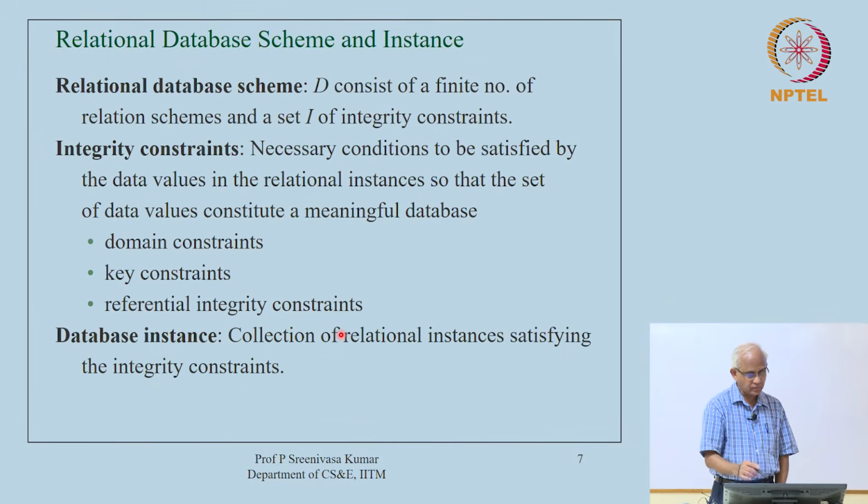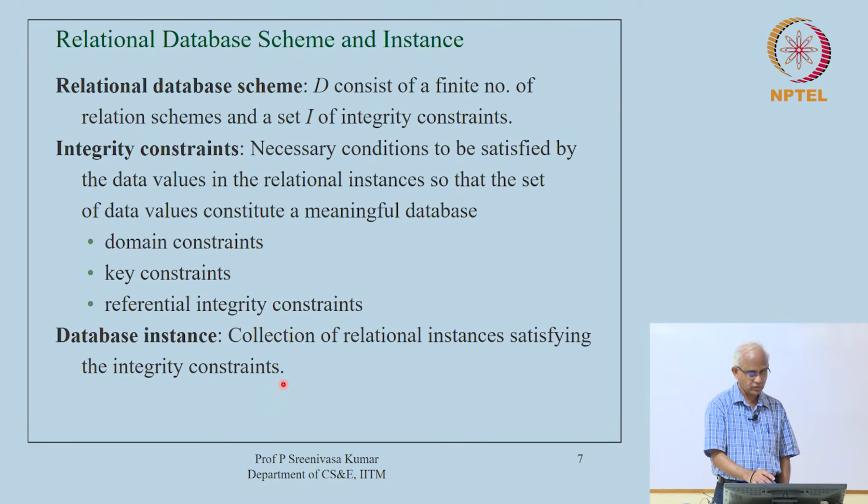And then we call this a relational database scheme. Earlier we just had a relation scheme, now we have a database scheme. A database scheme is nothing but a finite number of relation schemes along with these integrity constraints, and a database instance is a collection of relation instances of all those relation schemes which satisfy the integrity constraints. Okay.